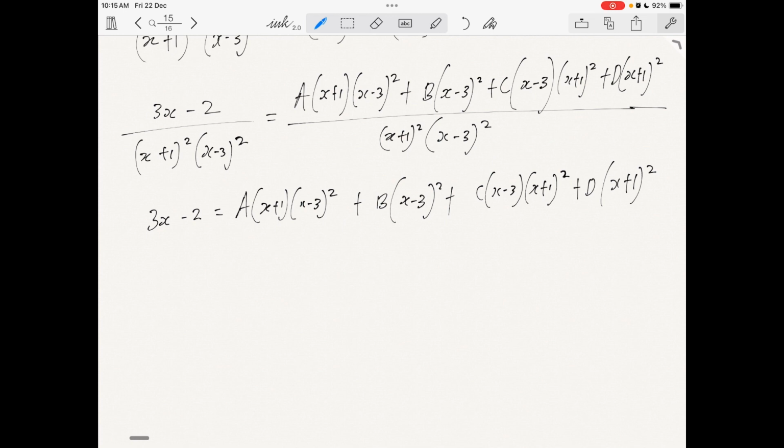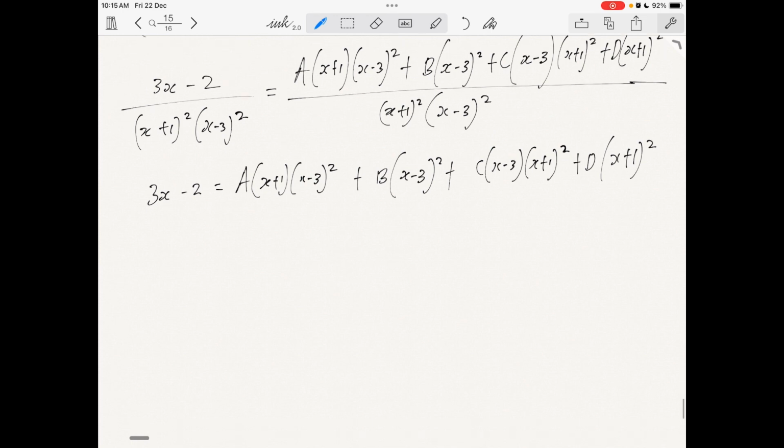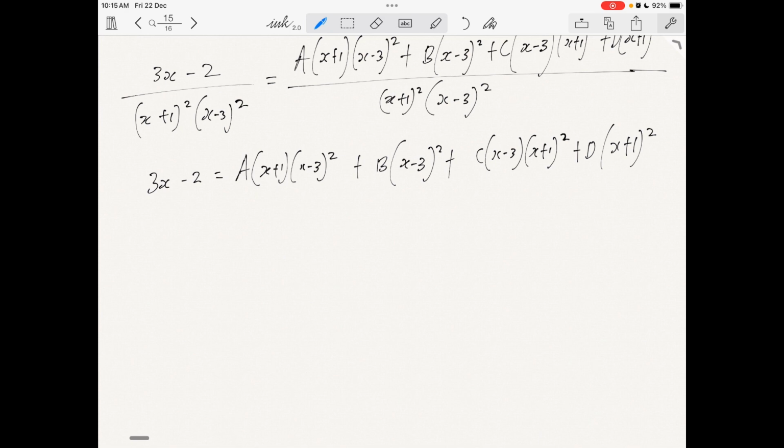So we open the brackets individually and then we will have simultaneous equations to solve. However, we can apply cover-up method to make (x + 1) and (x - 3) equal to 0. We can say x is equal to -1 and x is equal to 3.